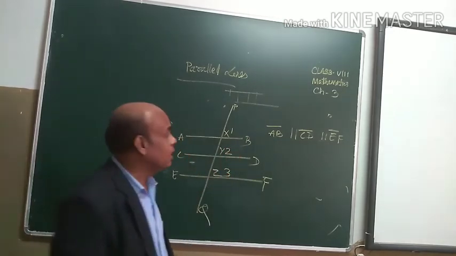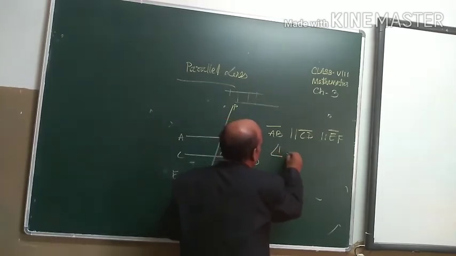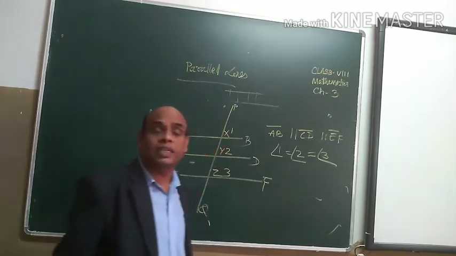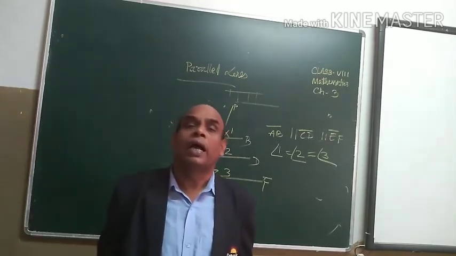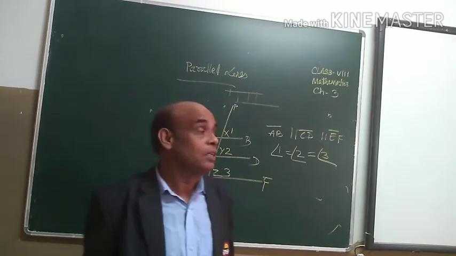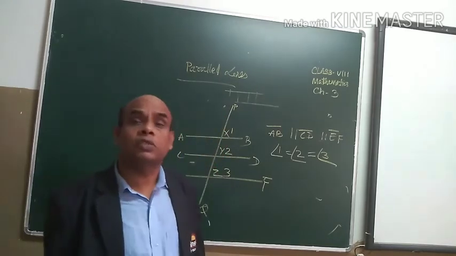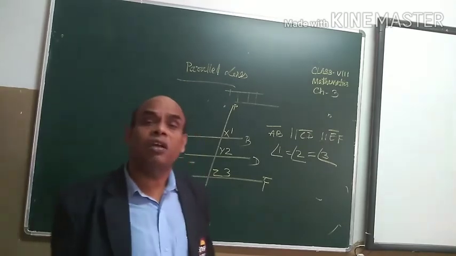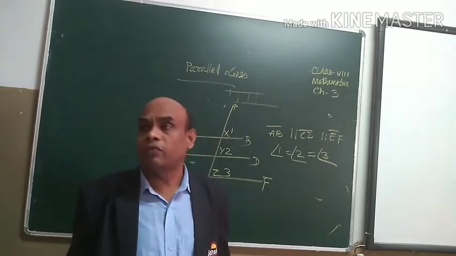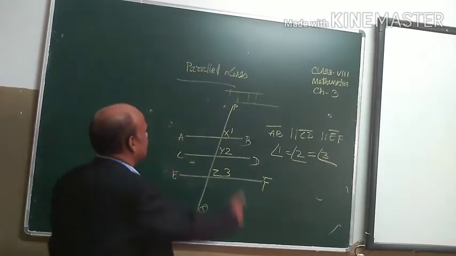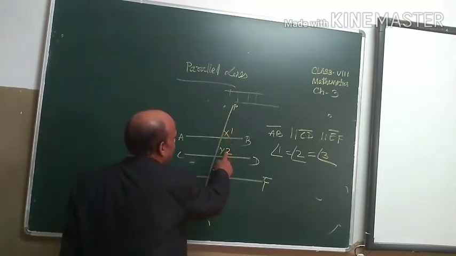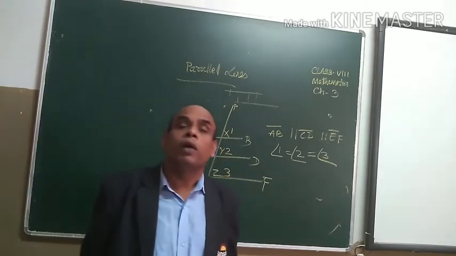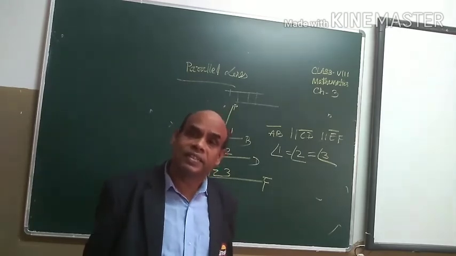So you will say angle 1 is equal to angle 2 is equal to angle 3, because these angles are called corresponding angles. That you have to remember. If AB is parallel to CD, parallel to EA, and PQ is the transversal, ultimately you can say angle 1 equals angle 2 equals angle 3. These are called corresponding angles.